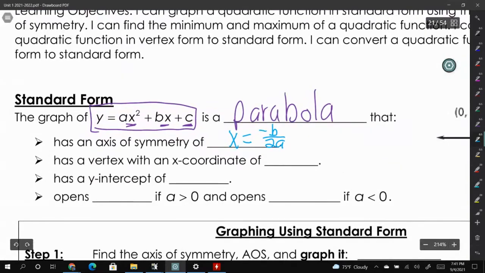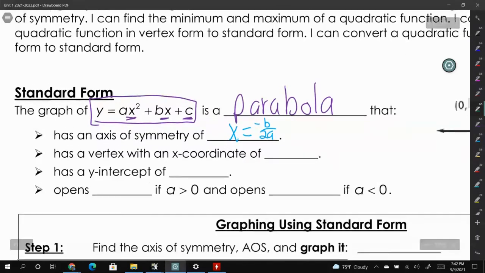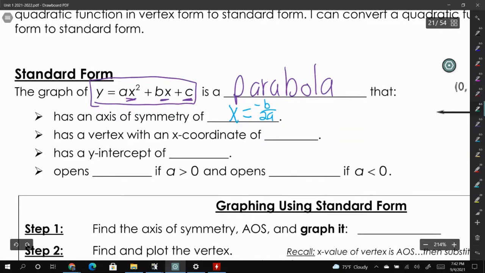Okay. So you can look at the function and plug in the values for negative b over 2a. The vertex has an x coordinate of the same thing, negative b over 2a, because we know that the axis of symmetry is the same thing as the x coordinate of the vertex, and then that allows you to get the y coordinate of the vertex.